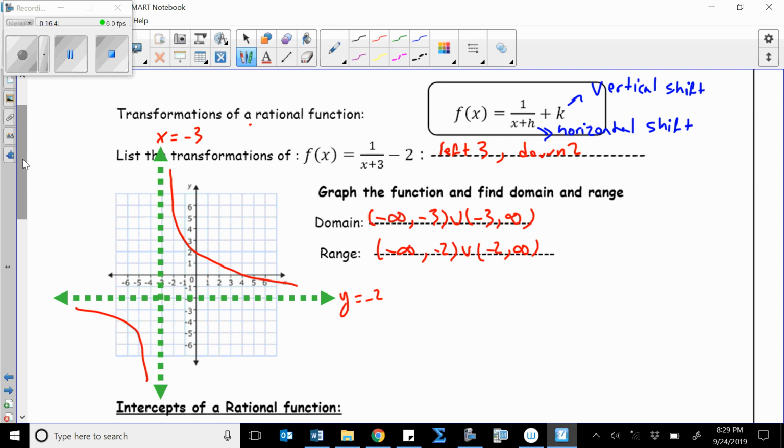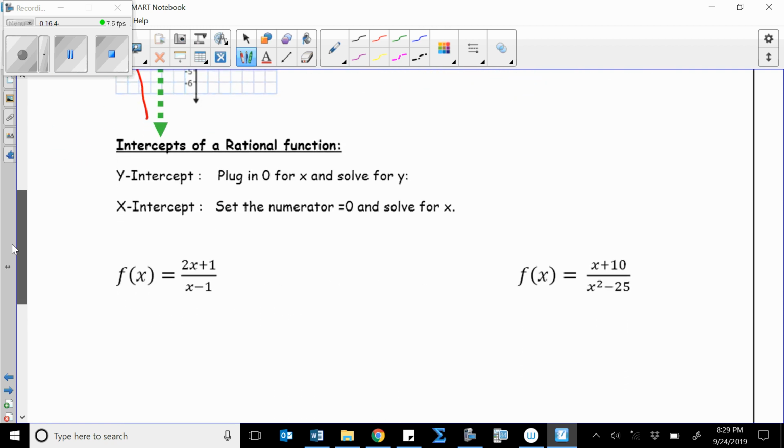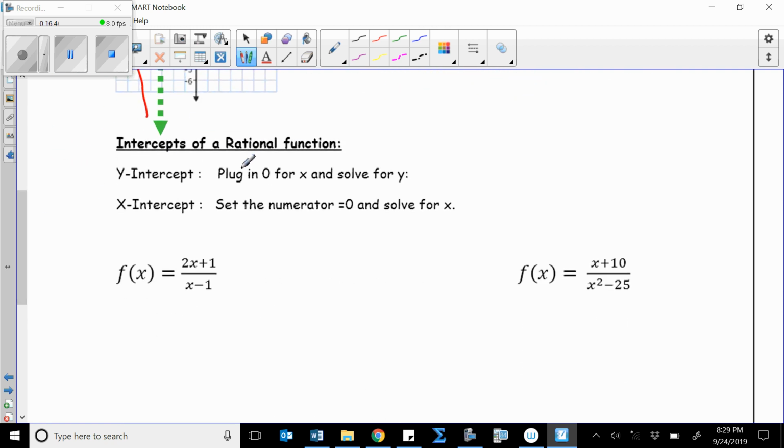Okay. Now let's find the intercepts of a rational function. To find the y-intercept, we know that if this is my graph, the y-intercept is here. At this point, x is equal to 0 because it's crossing the y-axis.